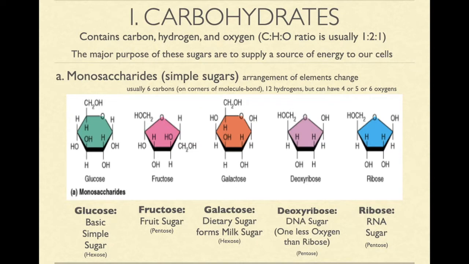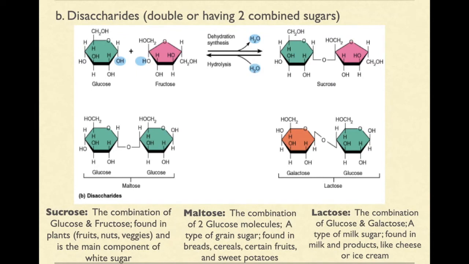Then we have deoxyribose, which is the DNA sugar, and then we have ribose, which is the RNA sugar.